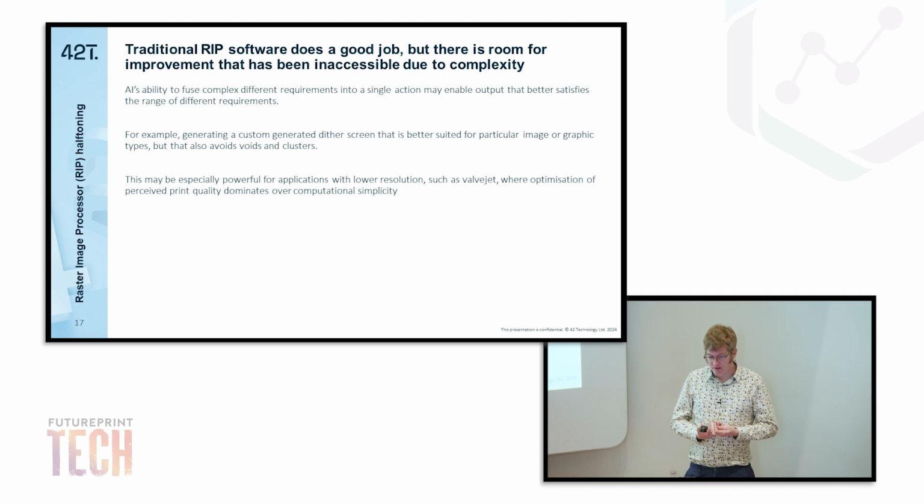I think being able to create a custom-generated dither screen that's better suited for particular image or graphic types, but also that avoids voids and clusters locally where you're looking, so identifying what you're trying to do with different parts of the image without having to manually say, this is text, I really want this to come through clearly, and this is smooth, is something that AI could be very powerful at. And doing this very well, especially for lower resolution applications, such as ValveJet and other things where droplet size is larger, you might find that the optimization of perceived print quality can dominate over the computational simplicity.